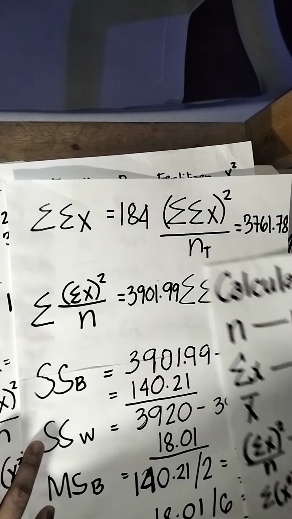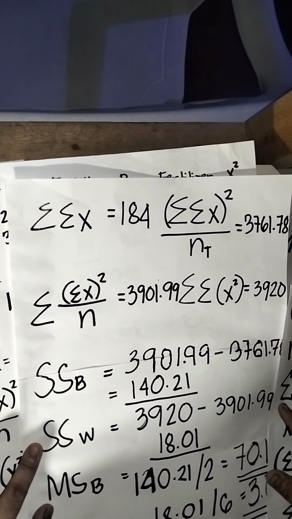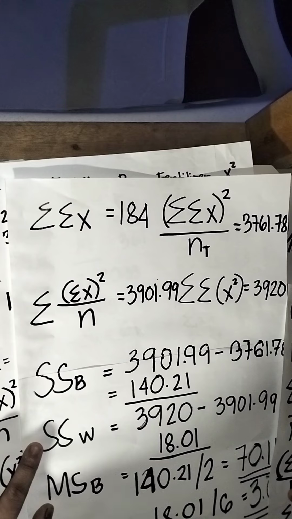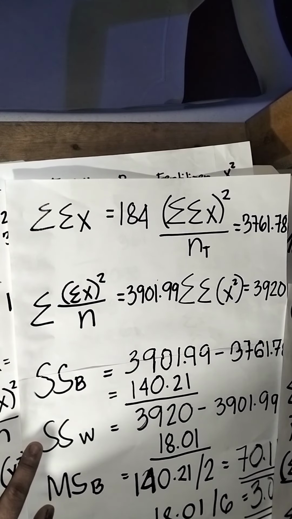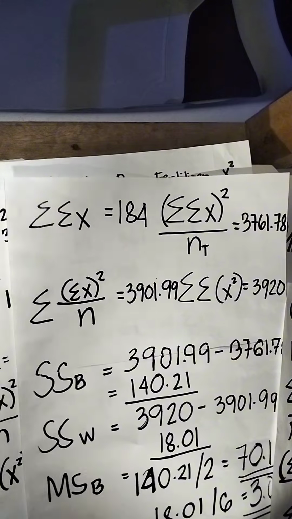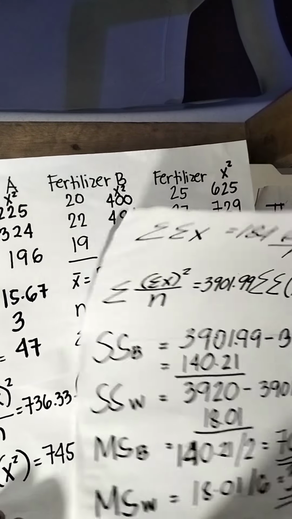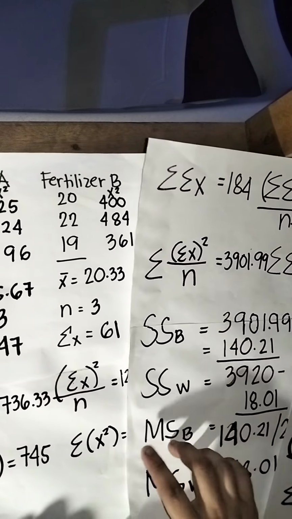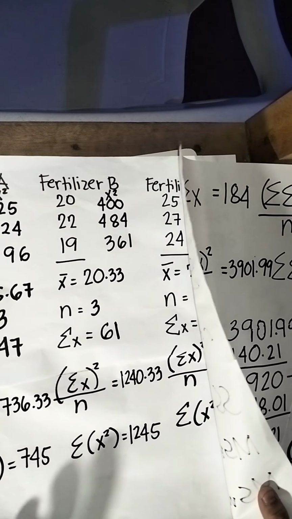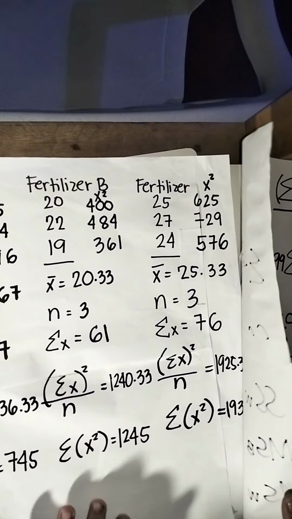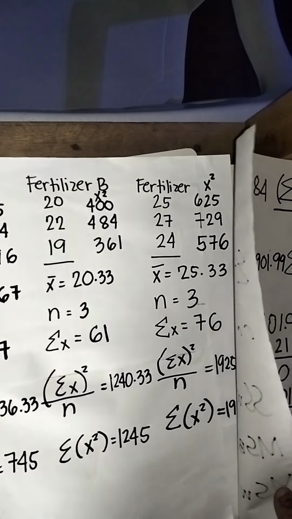Okay, now you have the summation of x. Next, we get the summation of x raised to the power of 2 divided by NT, the total number of samples. In our case, we have a sample for fertilizer A, which is 3. We also have a sample for fertilizer B, which is also 3. For fertilizer C, it is also 3.